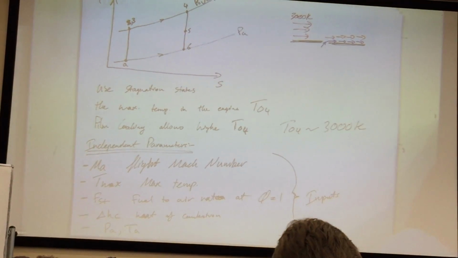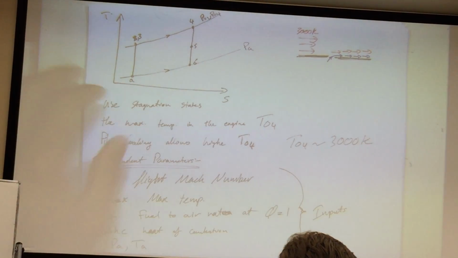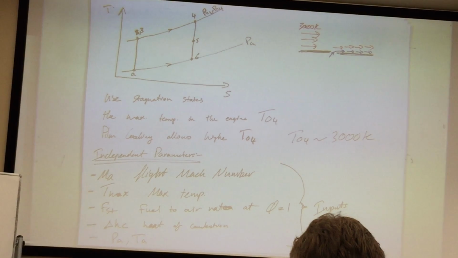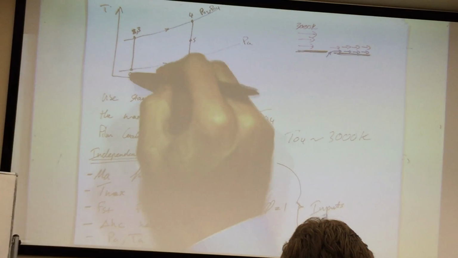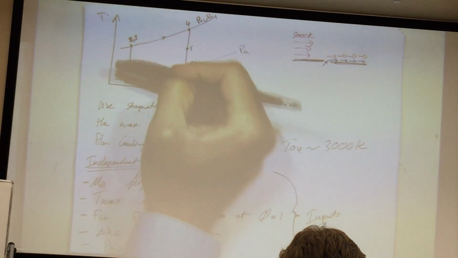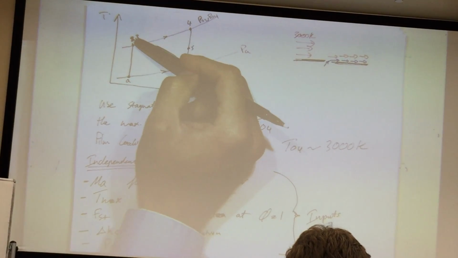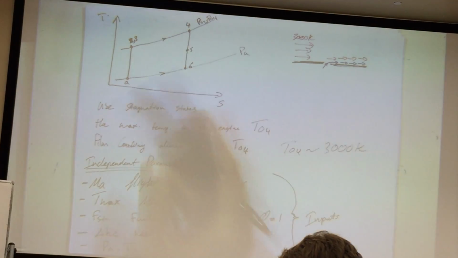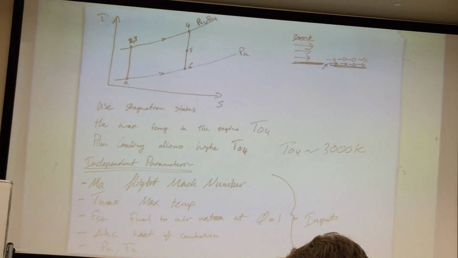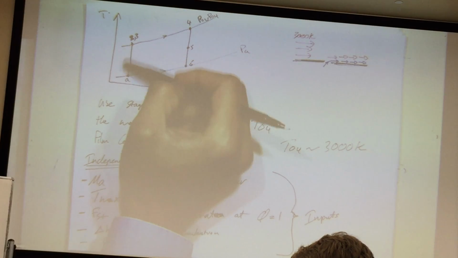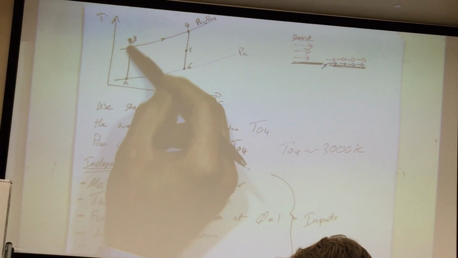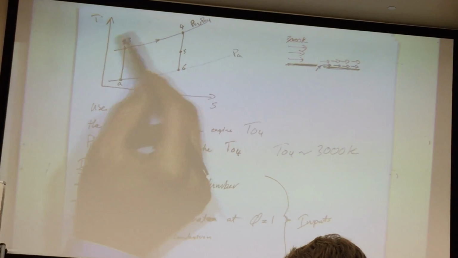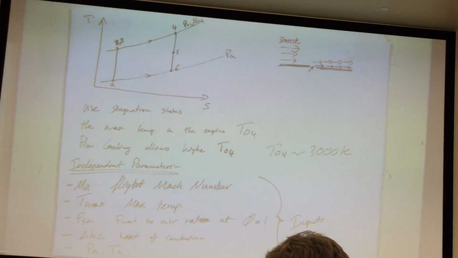So we drew our ideal temperature versus entropy diagram, and we said, okay, starting from ambient conditions right here, if I go through my diffuser, essentially I'm going to get thermal heating, but it's still isentropic, so ds is equal to 0, so I go to station 2 and 3. 2 and 3 are somewhat nominal.